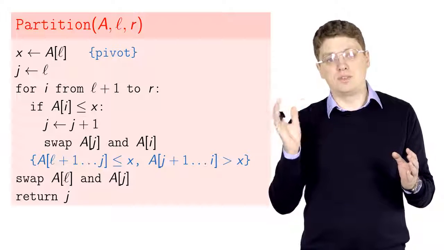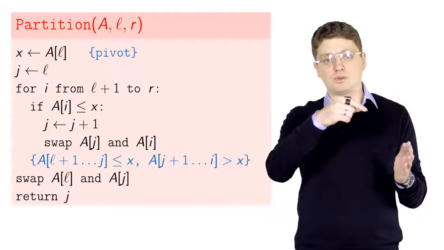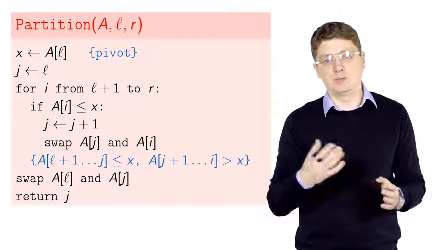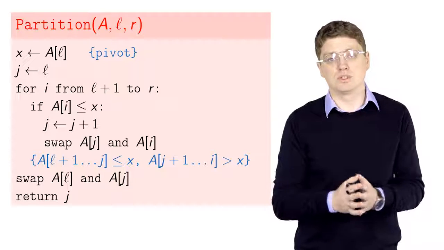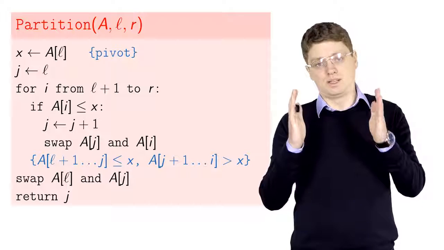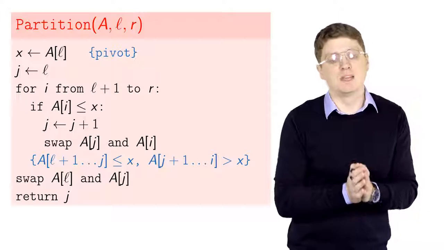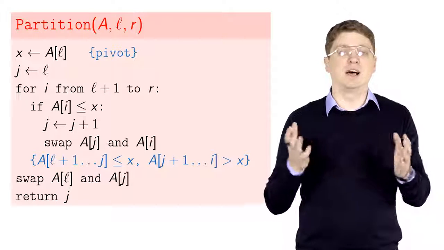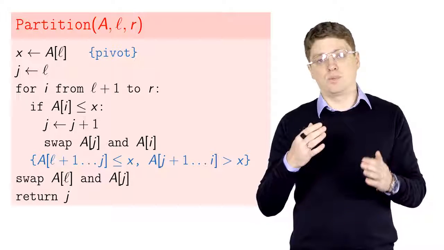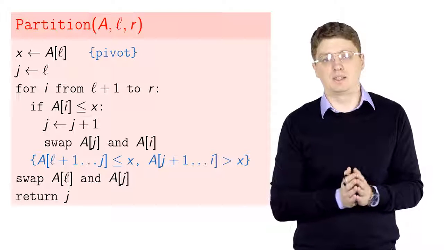However, if the newly discovered element is at most x, then we need to move it to the first region, right? So we do this as follows. We just increase the value of j to indicate the fact that the first region has just been extended, and then swap the elements A of j and A of i, okay? So this way we maintain our invariant each time when I is increased.